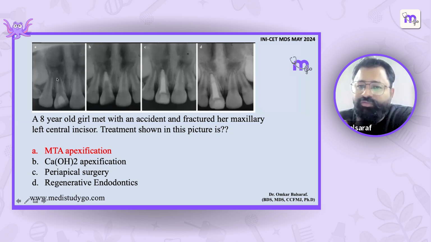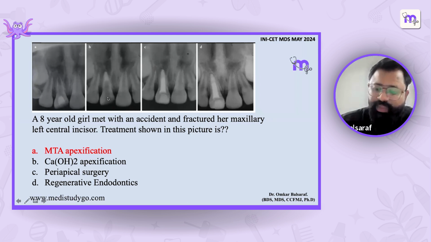It has growth factors which will regenerate the tooth. So this is called regenerative endodontics. Definitely, it is not regenerative endodontics since everything is being seen. So it is definitely an MTA apexification wherein, as discussed in the previous question, you have an MTA barrier of 3 to 5 mm, above which the obturation is conducted, right?